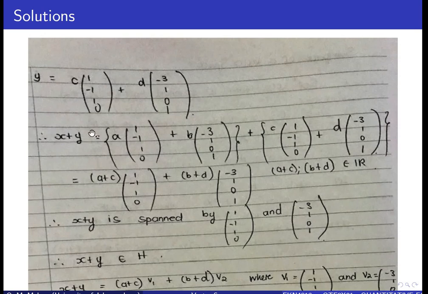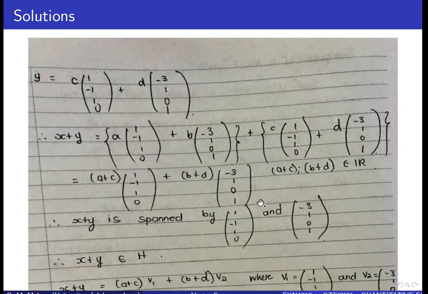Obviously A, B, C, D are scalars. I add 2 scalars together, I get a scalar. I add another set of 2 scalars together, I get a scalar. So A plus C and B plus D are all in R. So I conclude that X plus Y is spanned by my 2 special vectors here.